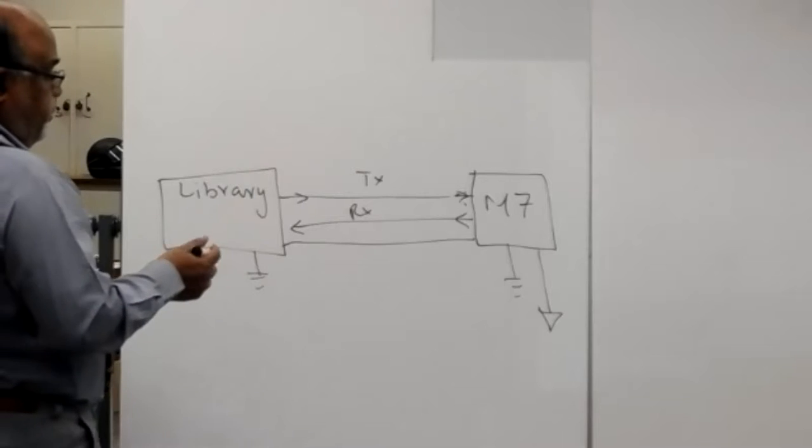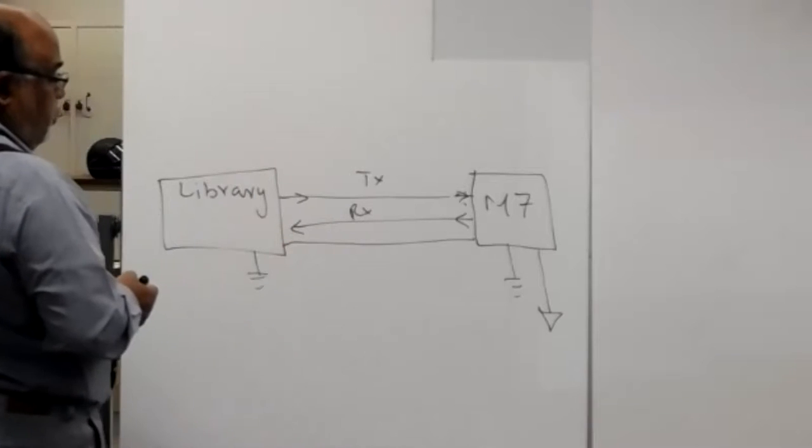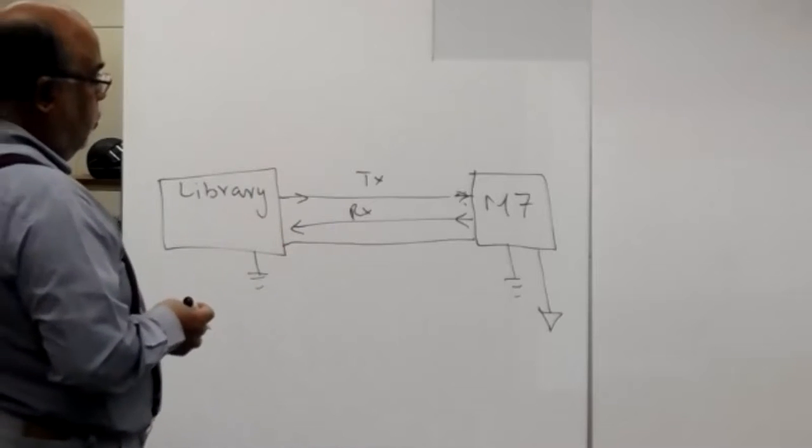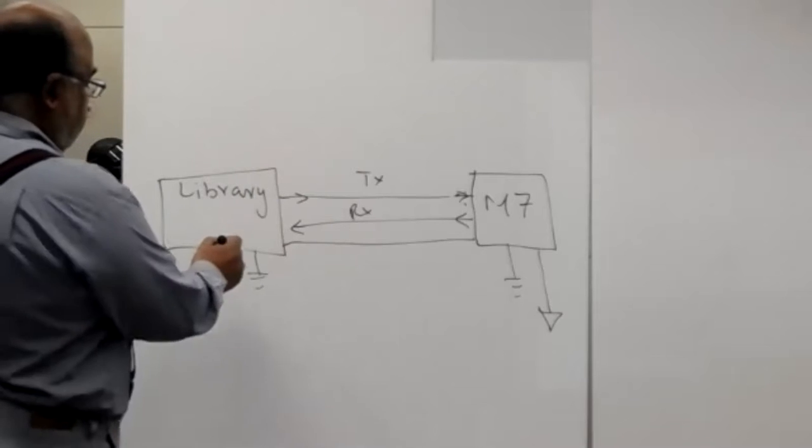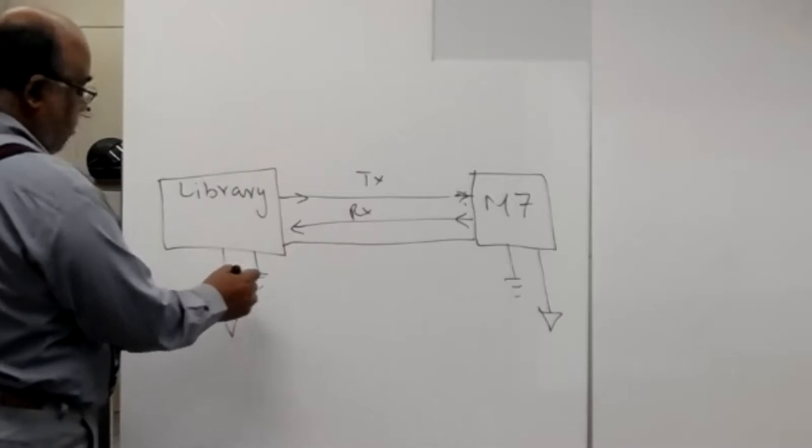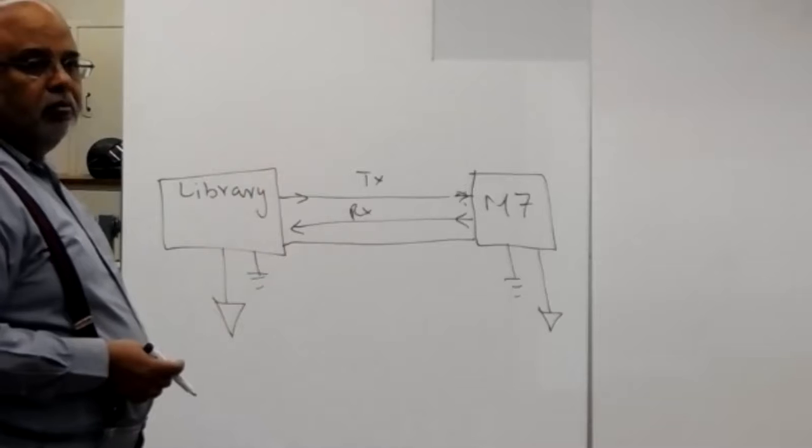So this library building and this, this is okay, no problem. There is no problem if this is also earth, and earth and ground are short circuit, no problem.